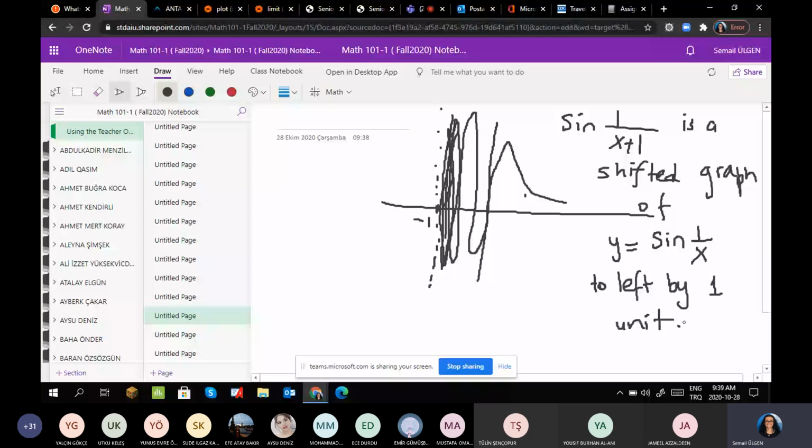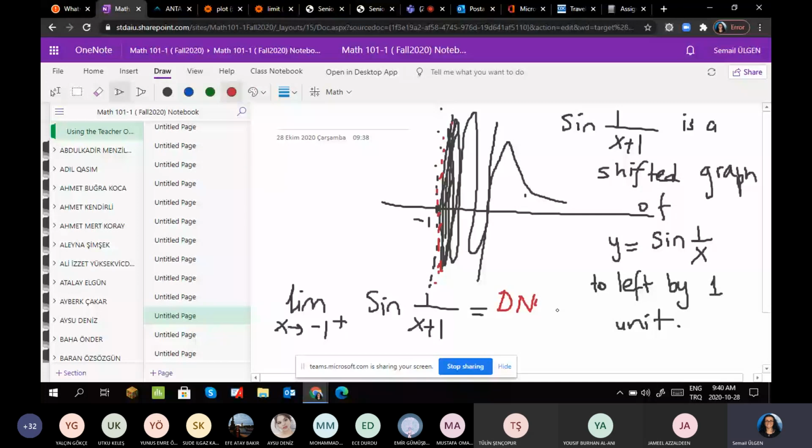But how about the limit? Let's talk about the limit as x approaches -1 this time from the right of sine 1 over x plus 1. If a function oscillates, going up and down as it gets close to -1, it doesn't have a specific value. So we say this limit doesn't exist.